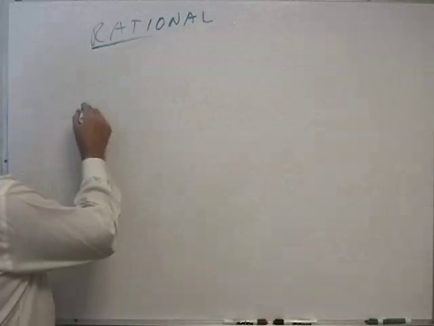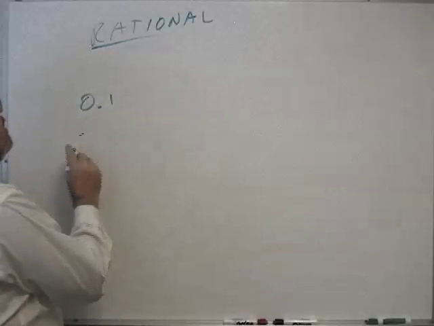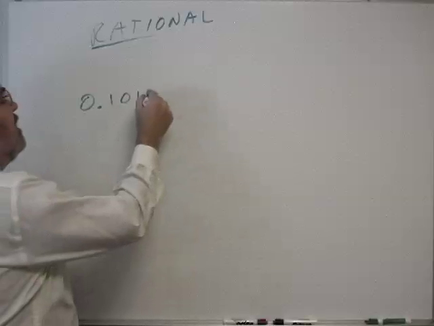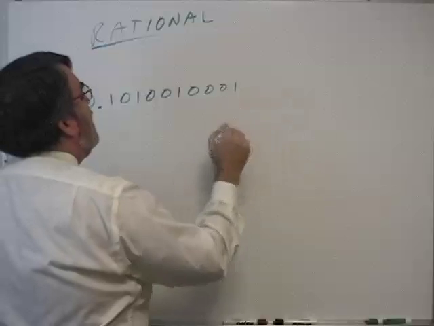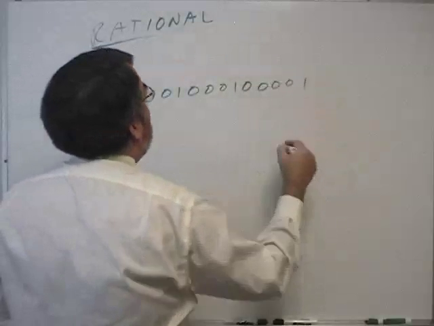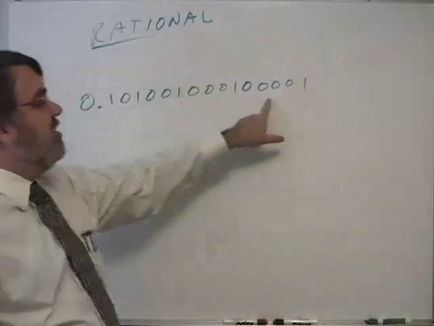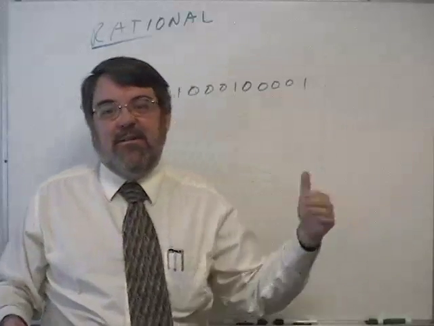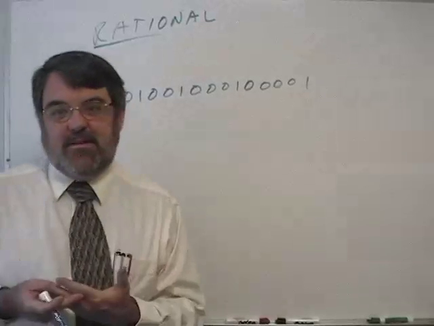If we take this number and then tack on 0, 1 and 0, 0, 1 and 0, 0, 0, 1 and continue that, it has a pattern that's identifiable, because from this we can glean a pattern from which we can continue to tack on more ones and zeros, but there is no repetend.